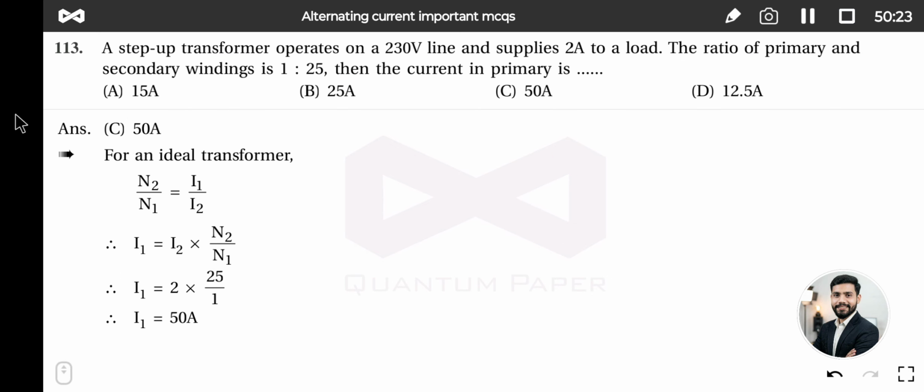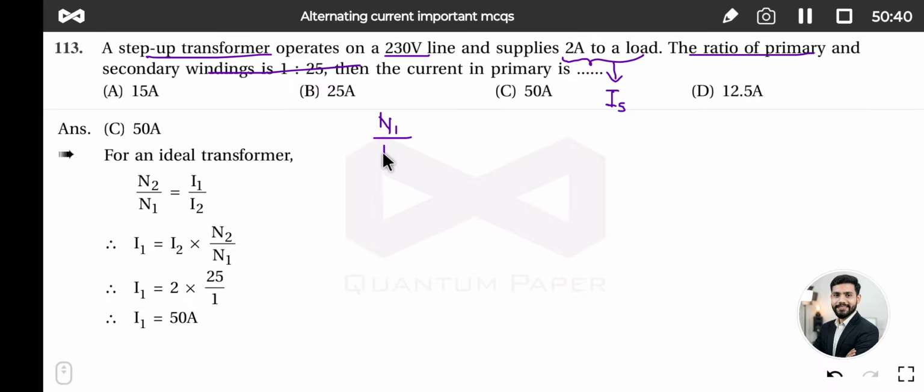The next question is: a step-up transformer operates on 230 volt line and supplies 2 ampere to a load. So 2 ampere to a load is nothing but current in secondary. The ratio of the primary and secondary winding is 1:25. That means NP upon NS is 1:25. We have to find out current in primary.